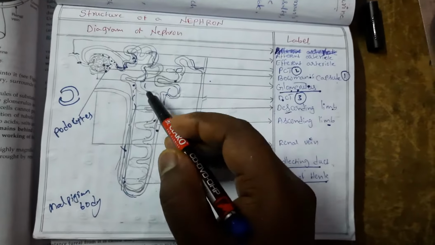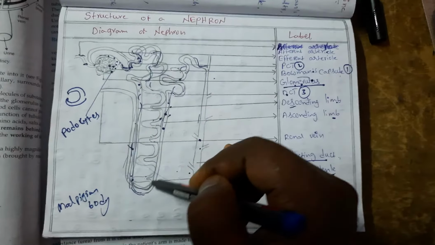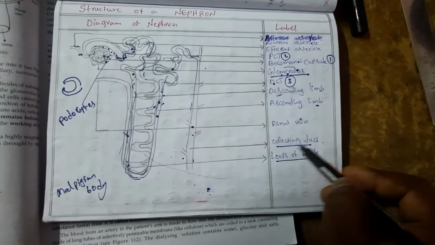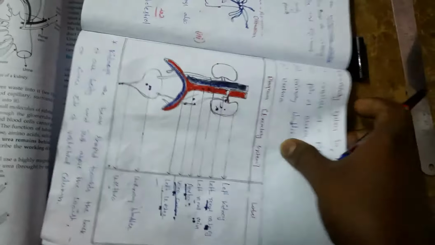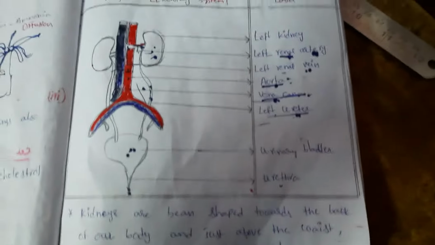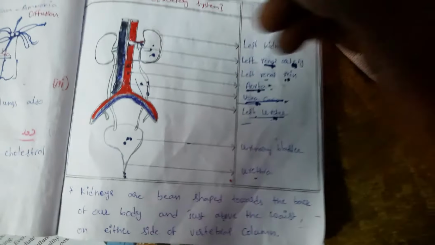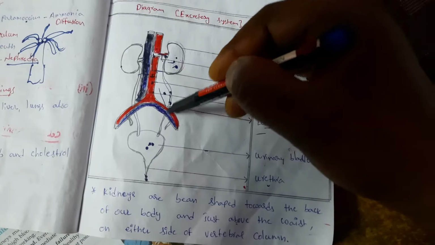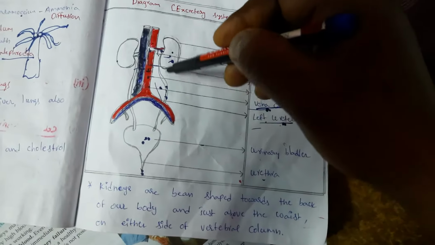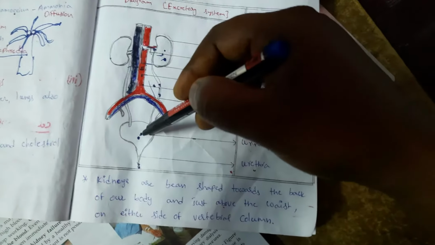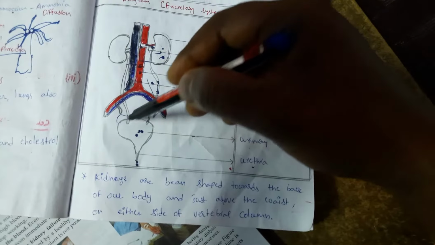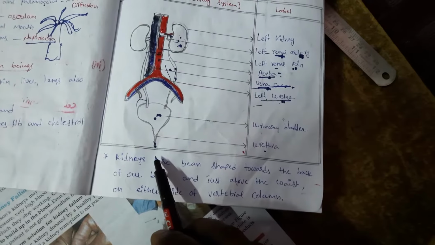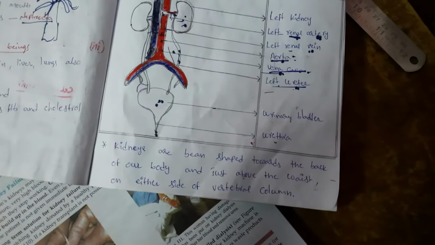Then the urine passes from the PCT to the loop of Henle to the DCT, then to the collecting duct, which leads to the ureter. The ureters are tubes that send the urine to the urinary bladder. The urinary bladder stores urine, and with the help of the urethra the waste materials are removed.